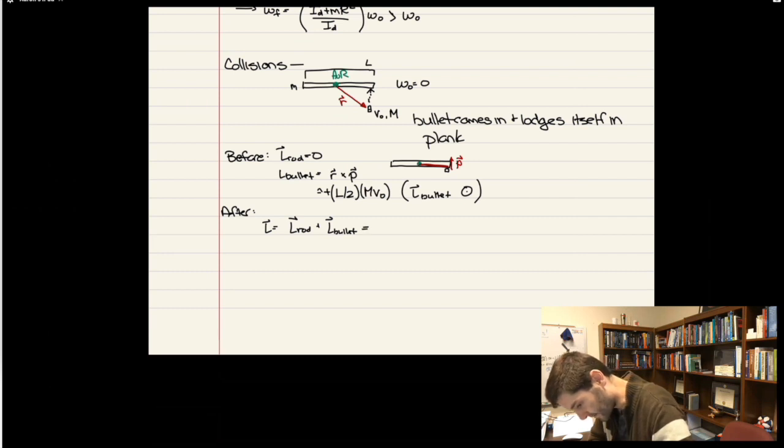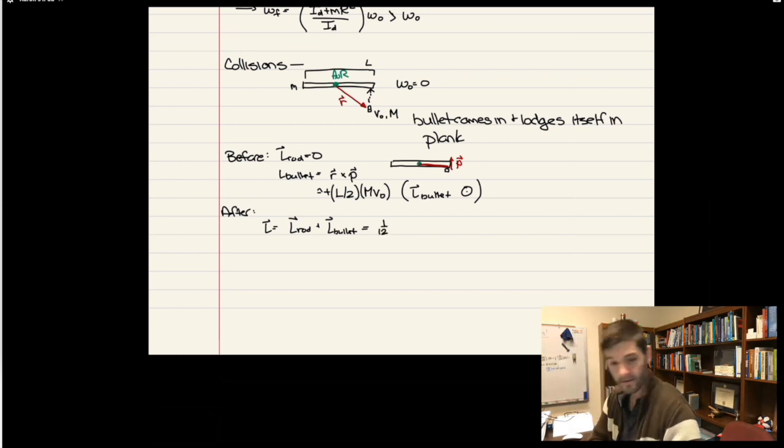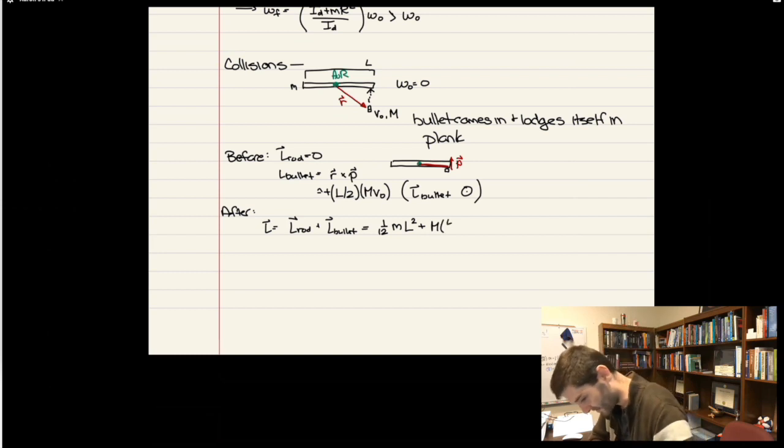So I would say L total is L rod plus L bullet, which is now lodged into the end. Again, you could look up in the table what it would be for a rod with a rotation axis right in the center.